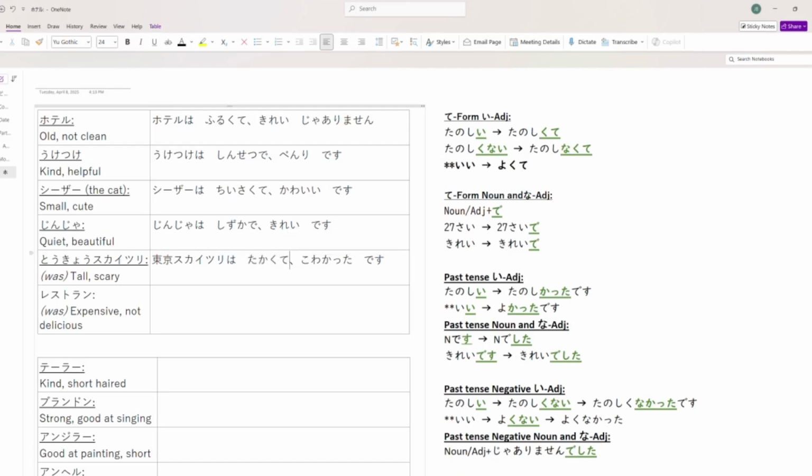But once again, even though this whole thing is still in the past tense, keep that in mind when you're reading things. It is no longer tall and scary. I shortened it and I made it cute. It's still base te form, but the end of the sentence is what's telling us that this is past tense.